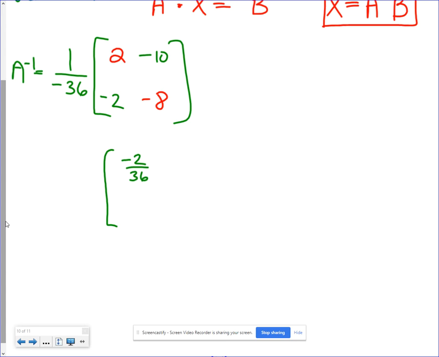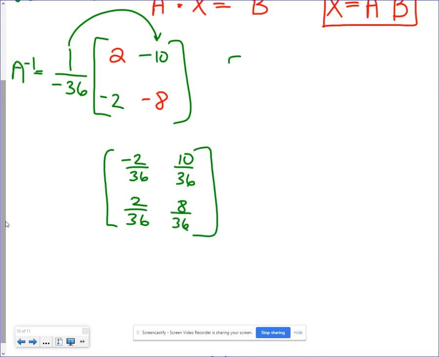But because we're going to be using the inverse to solve the problem, it's actually easier not to reduce these. So negative 1/36 times negative 10, negative times negative will be positive, so 10 over 36. 1 over negative 36 times negative 2 is going to be 2 over 36. 1 over negative 36 times negative 8 would be positive 8 over 36.